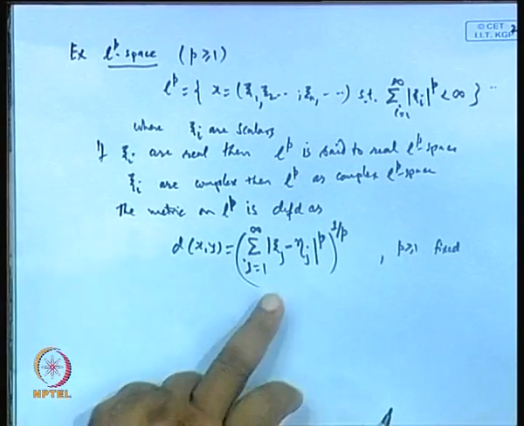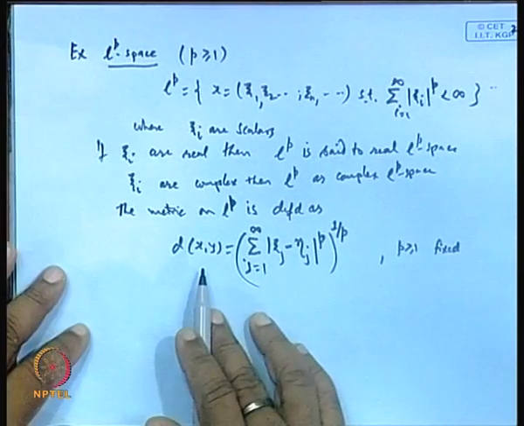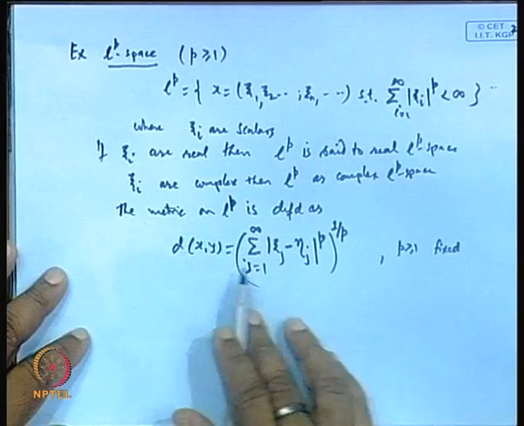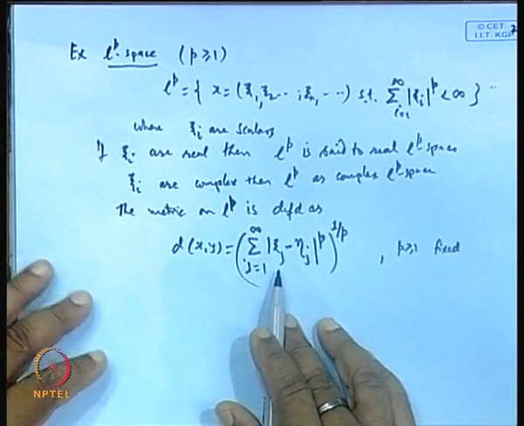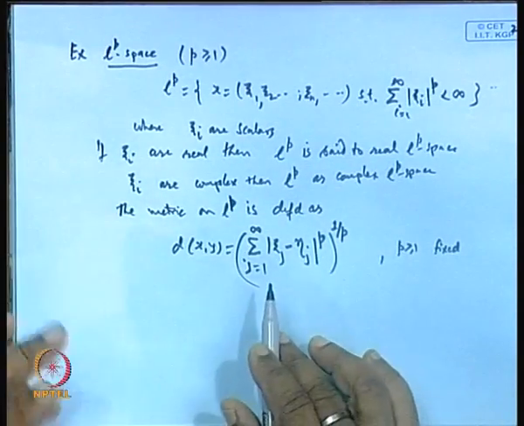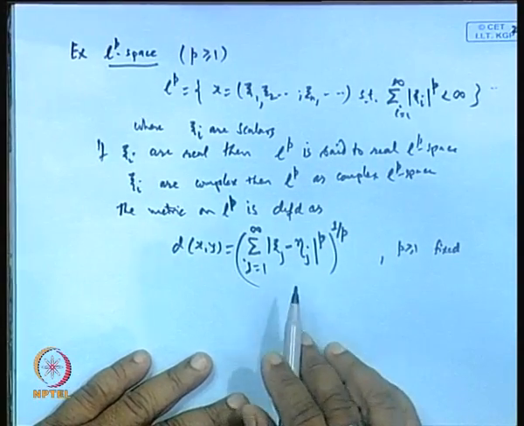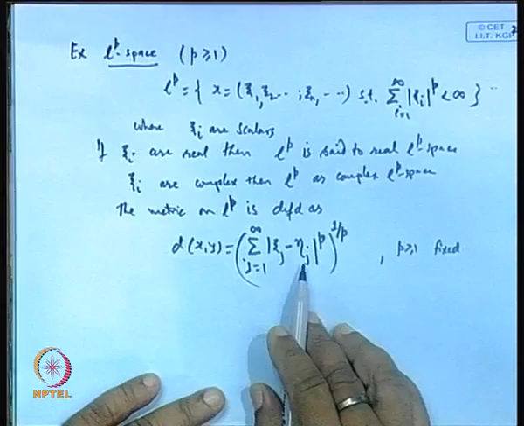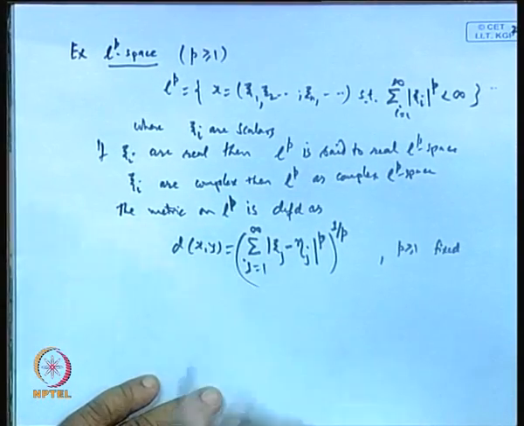So, if we look at this metric, the first three conditions follow immediately. d is greater than or equal to 0, obviously because the modulus is there, it is real valued. Finiteness will be tested, unless it is convergent we cannot say this thing is finite. Okay. The finiteness part will be taken care of by the Minkowski inequality. Then d(x, y) equals d(y, x).